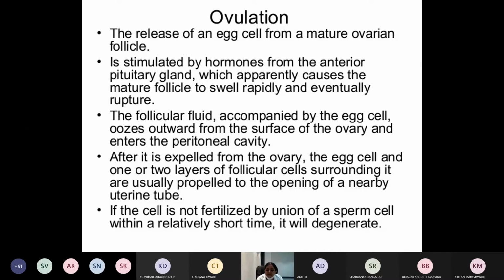If the cell is not fertilized by union with a sperm cell within a relatively short time, it will degenerate.